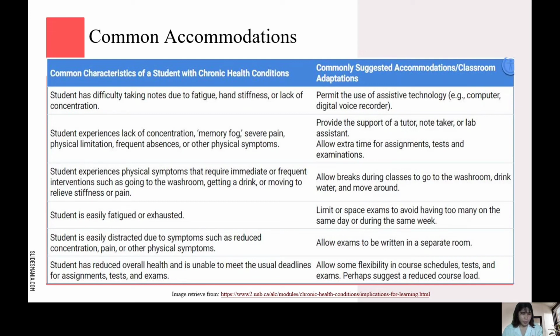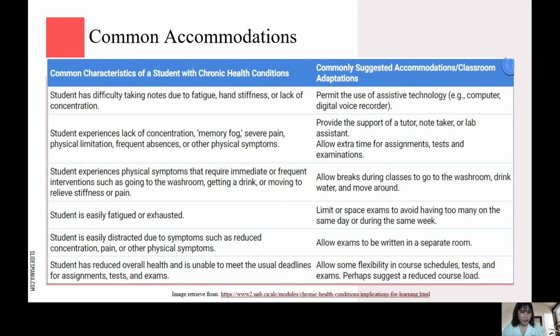Next, a student experiences physical symptoms that require immediate to frequent interventions, such as going to the washroom, getting a drink, or moving to relieve stiffness or pain. The commonly suggested accommodation in the classroom is to allow breaks during classes to go to the washroom, drink water, and move around. So ito yung tinatawag natin na recess time, especially sa mga elementary student.